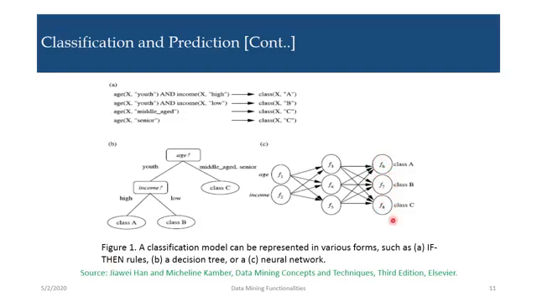At the output layer we have three nodes, one each for class A, class B and class C. How it works, we will discuss later. So this figure shows that a classification model can be represented in various forms such as if-then rules, decision tree or neural network. This figure has been taken from the book Data Mining Concepts and Techniques by Han and Kamber.